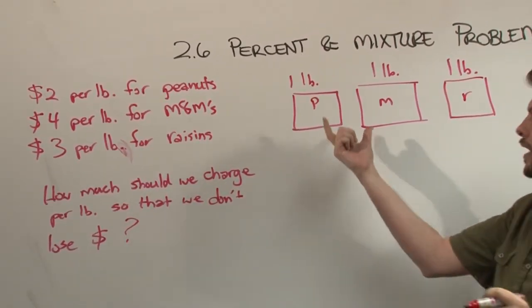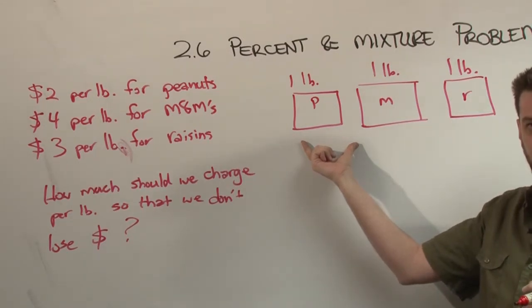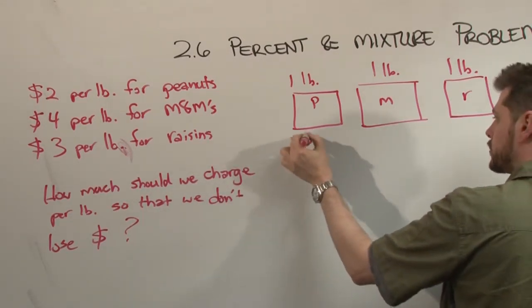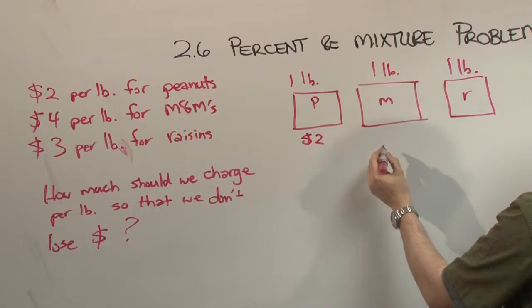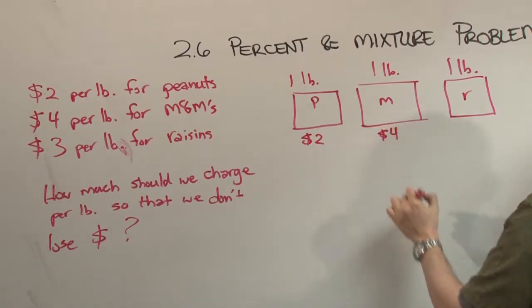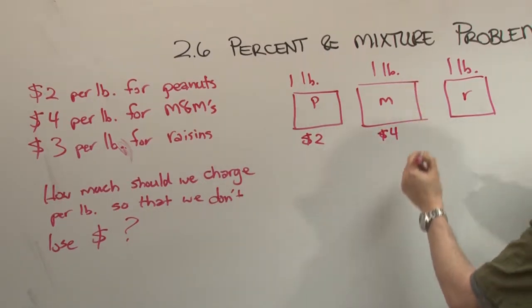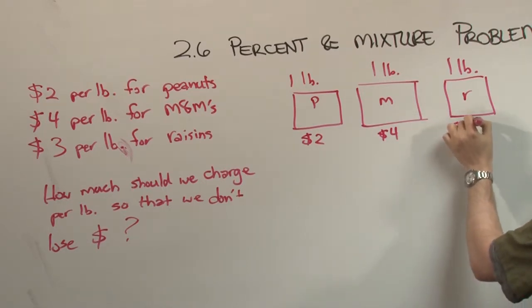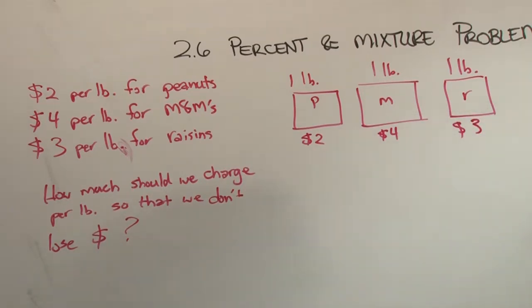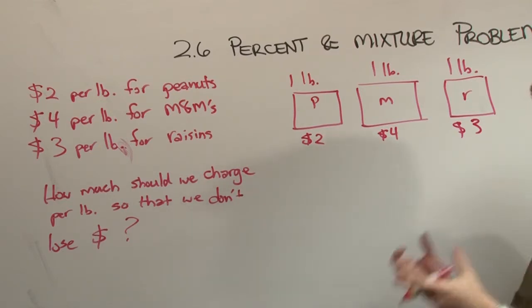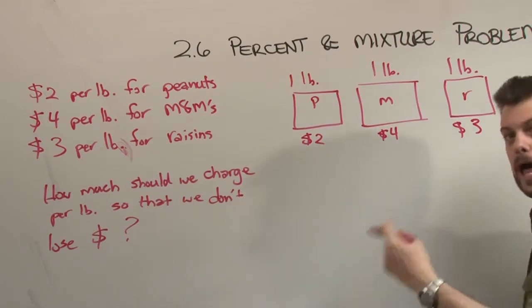We know that every time that we have a quantity of 1 pound, it costs us $2. Okay? And we know that when we buy our M&Ms, it costs us $4. I don't know why they're so expensive, but they are. And then it costs us $3 per pound for our raisins. We have two things going on here. We have quantity and we have cost. Okay? So we like a good way to do this.